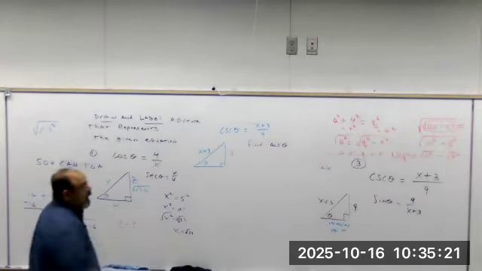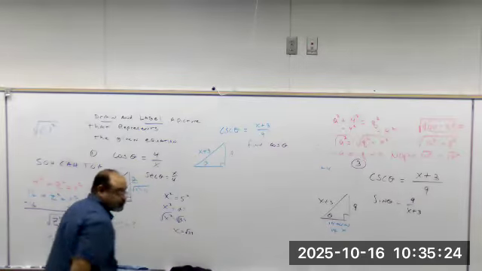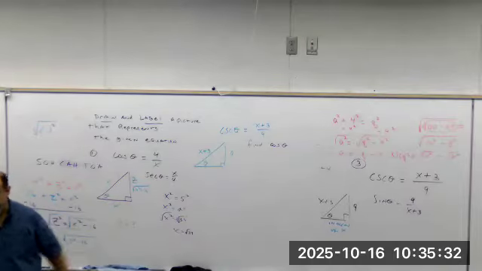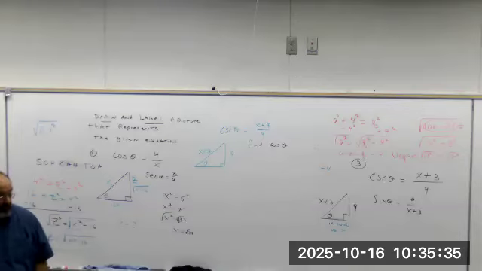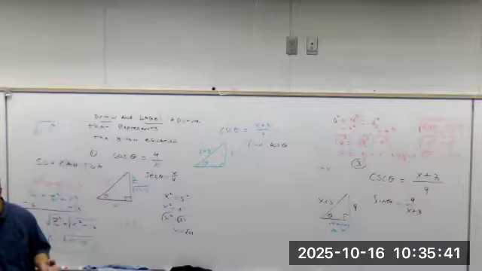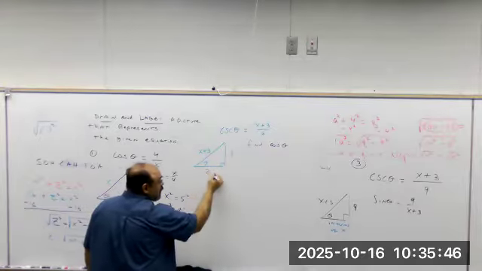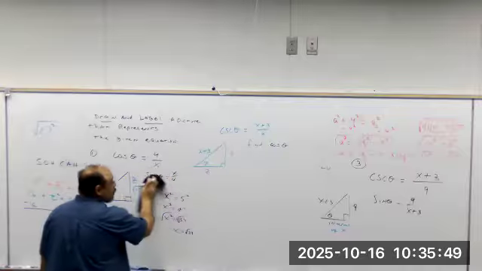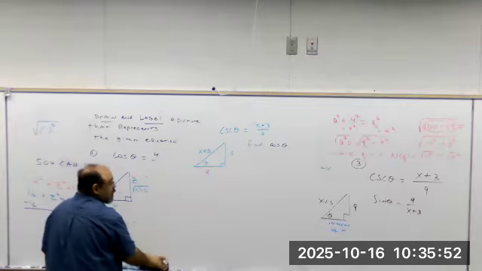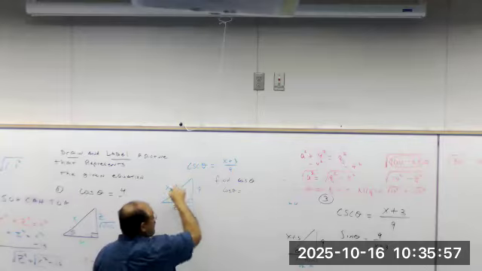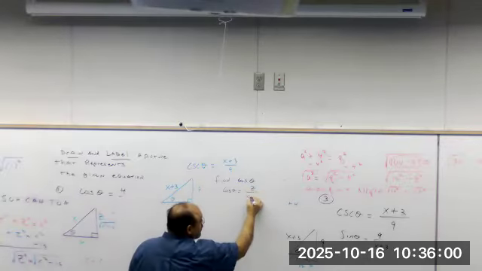Well, if I'm going to find cosine theta, I need adjacent over hypotenuse. And I don't have the adjacent. Well, when it was just numbers, we used the Pythagorean theorem to figure out the missing side. If I know two sides of a right triangle, I can find the third. I'm going to use z just to hold that place. And right now, I'm looking at the cosine of theta is equal to this z over the x plus 3.